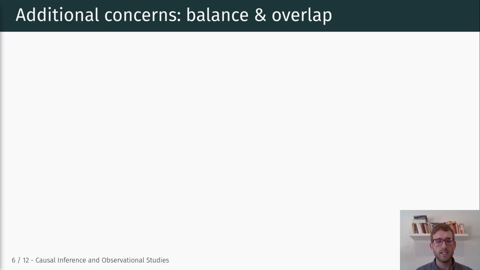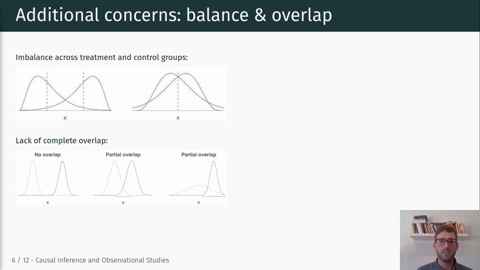And these concerns are focused on the questions of balance or lack of balance and overlap. Overlap is also called common support in the literature.